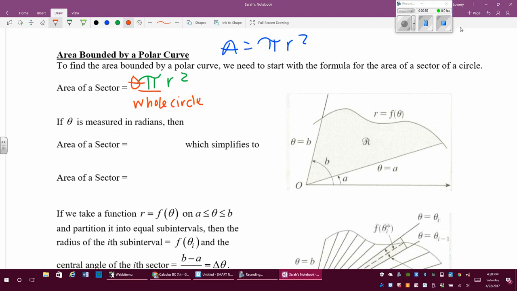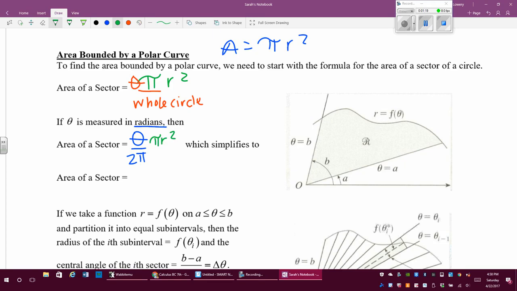Now if theta is measured in radians, remember a whole circle could be 360 degrees or a whole circle could be 2 pi. So if we're talking about radians, which 99% of the time we are, this formula is going to look like theta over 2 pi times pi r squared.